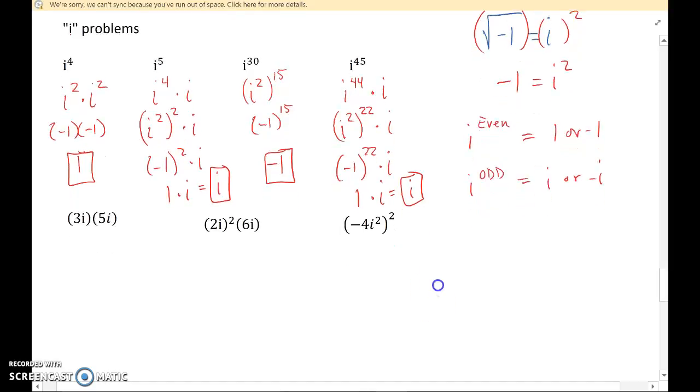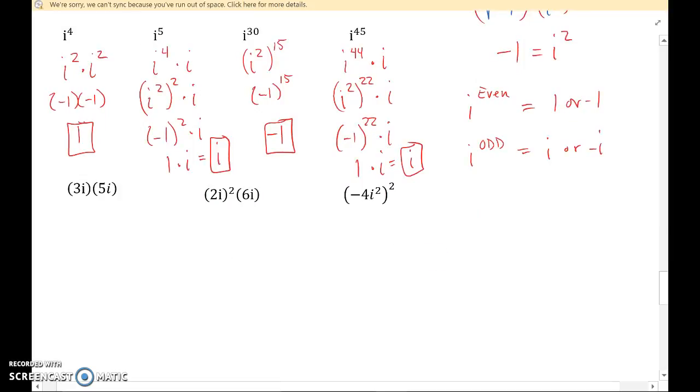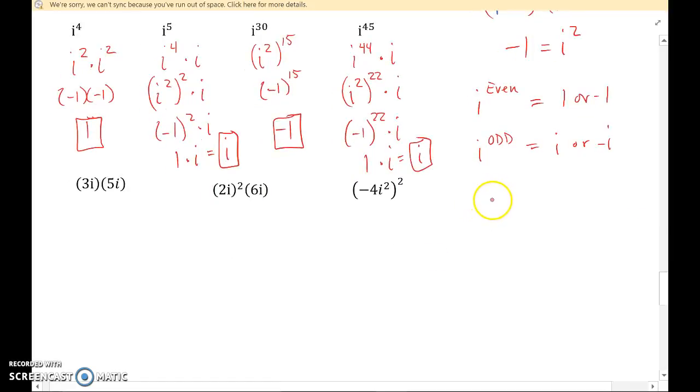All right. So just another little note over here that if we have i squared to an even power, we know that it's positive 1.